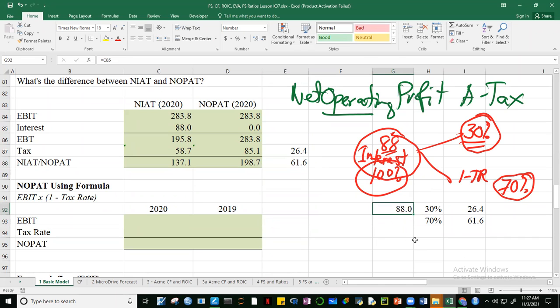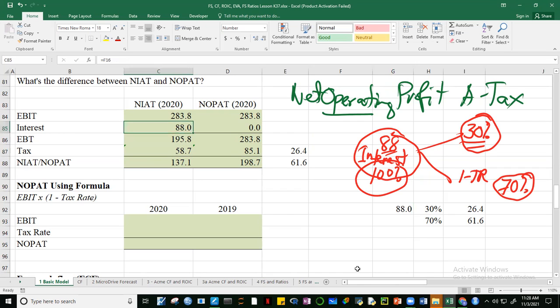Because not all of the 88 interest expense will be the difference between NOPAT and NIAT. Only 70%, or 1 minus the tax rate, because your NIAT will have a lower tax rate.